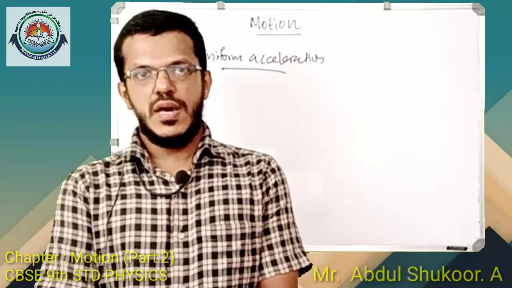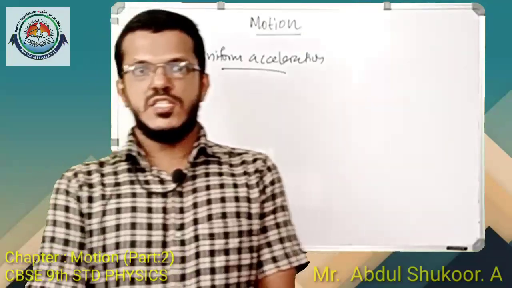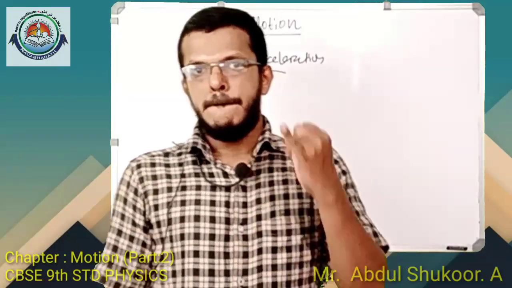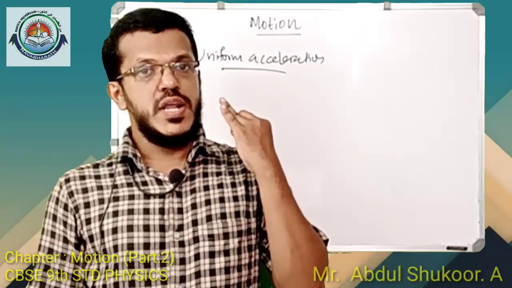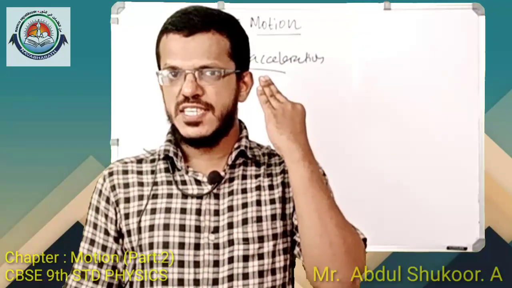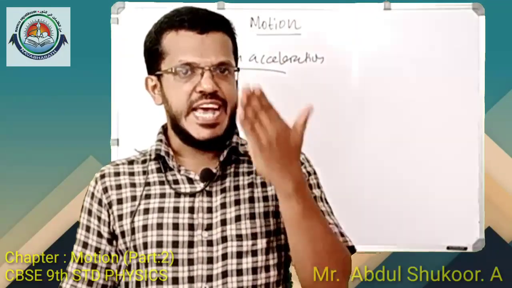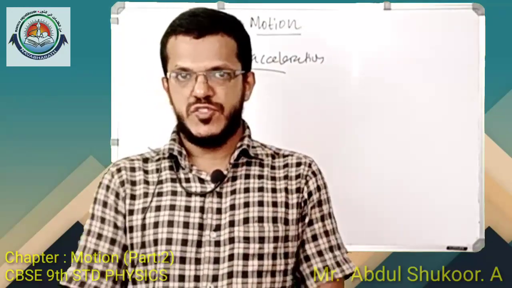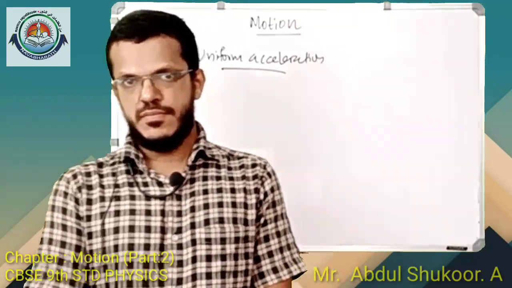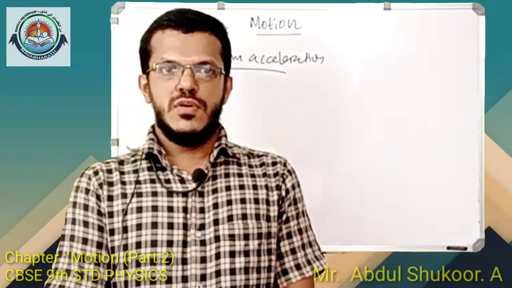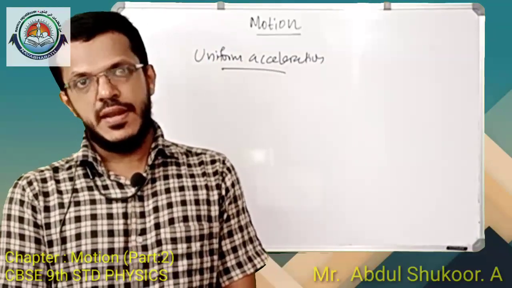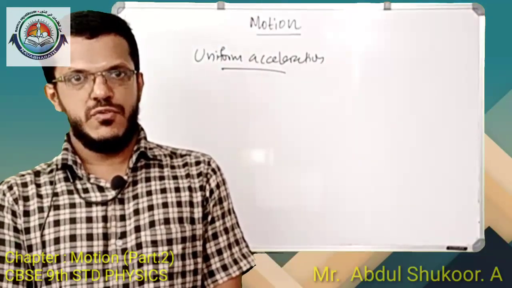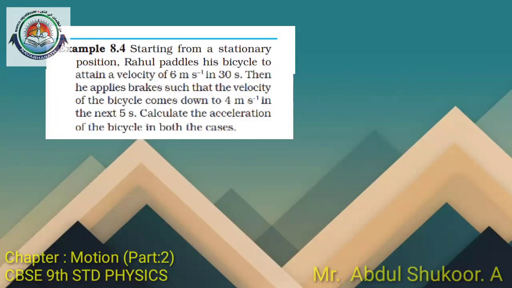Today we discussed what is uniform motion and non-uniform motion, what is speed, what is velocity, what is acceleration, and uniform and non-uniform acceleration. Lastly, we are going to discuss one question based on acceleration. Then I am going to wind up this video. Thank you for watching my video.